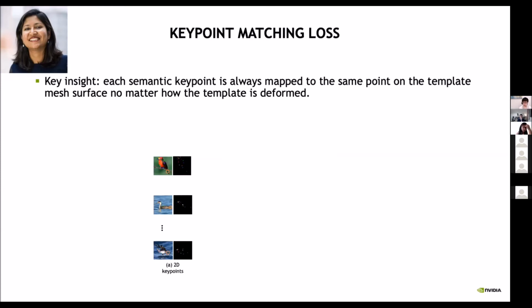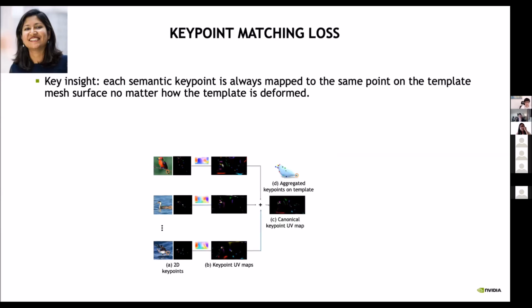Practically, we first represent the 2D key point annotation as a heat map on the image. Then we use the learned texture flow to map these heat maps onto the UV space, as is shown in this image. We average all the UV heat maps to get a canonical key point UV map. This key point UV map is shared by all instances and indicates the location of each semantic key point on the 3D mesh.